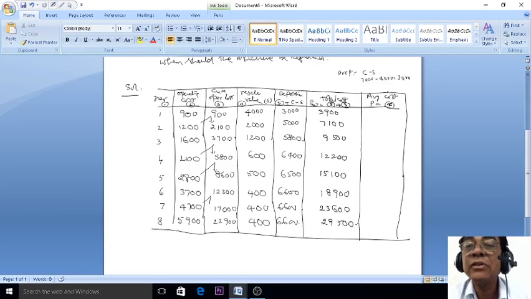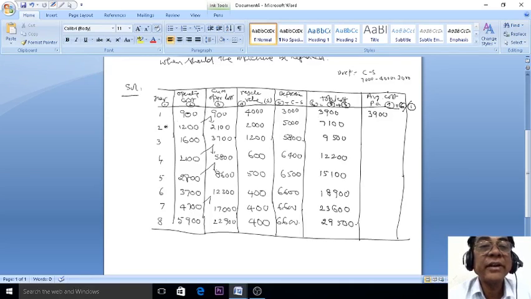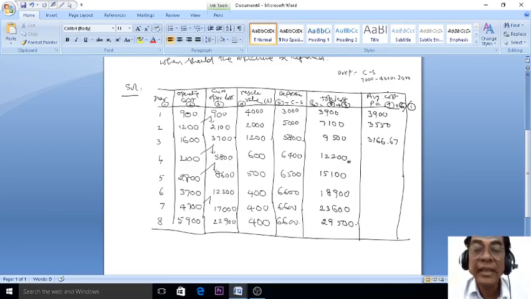Seventh column is always equal to the sixth column divided by the first column, the number of years. 3900 divided by 1 is 3900. 7100 divided by 2 is 3550. 9500 divided by 3 is 3166.67, like this.